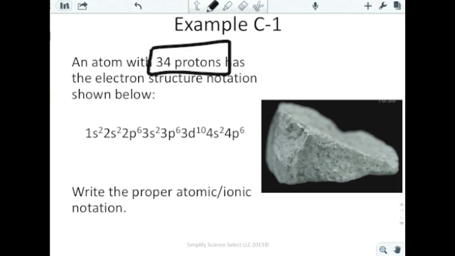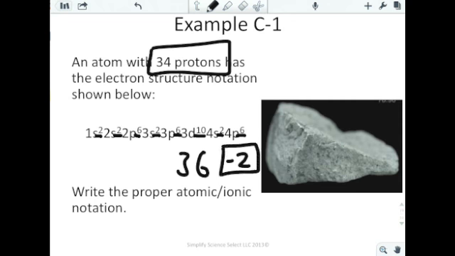If you look, we have 2, 4, 10, 12, 18, 28, 30, 36. We have 36 electrons. So we have 34 protons and 36 electrons, so we have more electrons than protons, and we're definitely going to have a -2 charge.